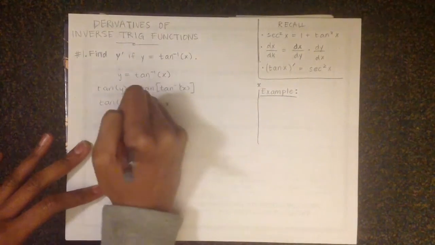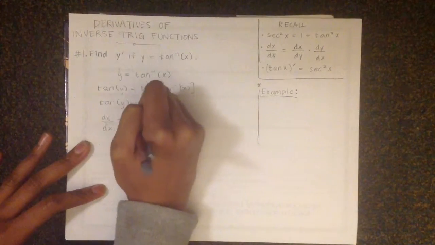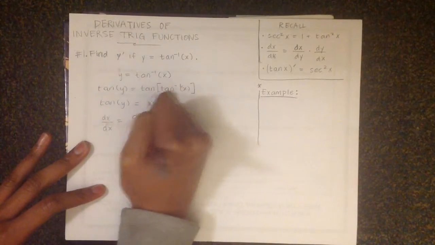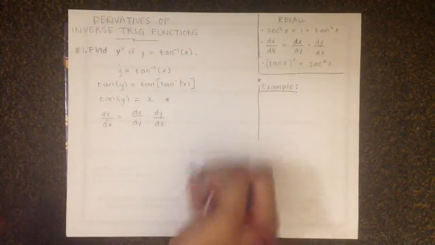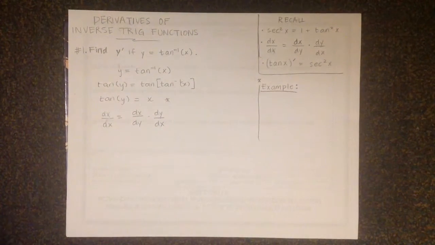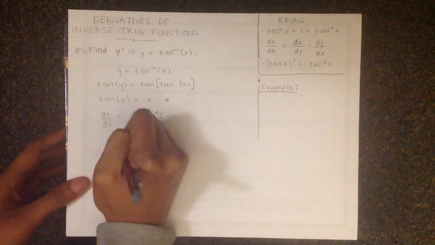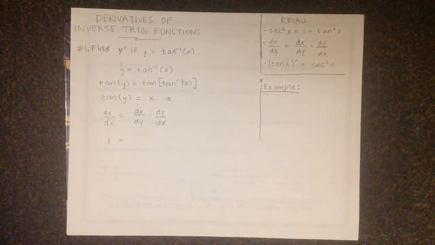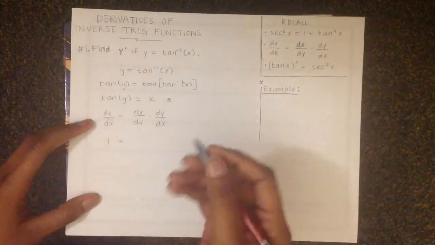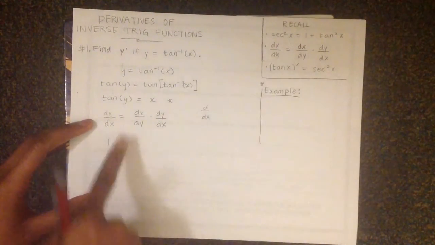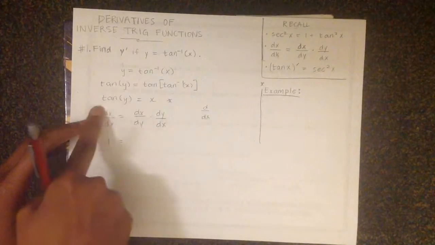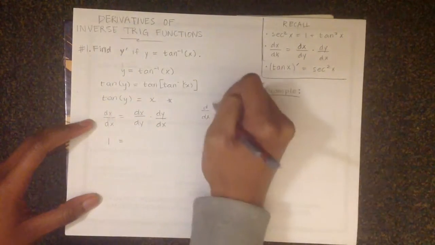Of course, dx by dx is going to equal 1. But what we don't know is dx by dy. But we do know x. So basically all we have to do is take the derivative of x with respect to y. x is equal to tangent of y, which we found earlier.